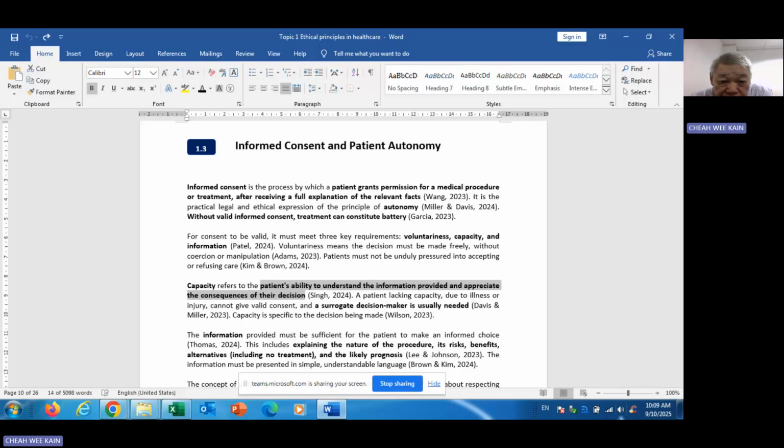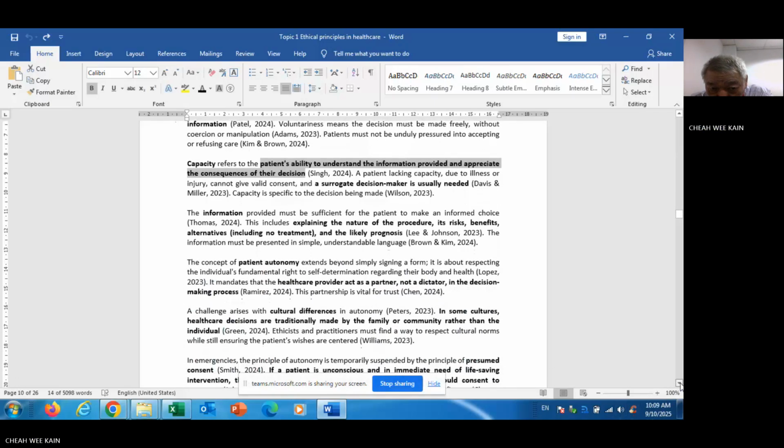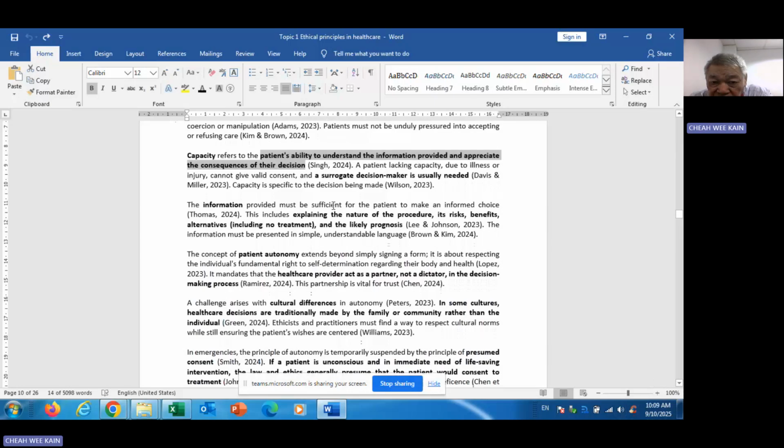That's what is meant by giving good information. It must be clear, simple, sufficient. Explain the nature of the procedure: we're going to cut you open. What is the risk for you? Maybe you get too much gas, you cannot wake up. What's the benefit?